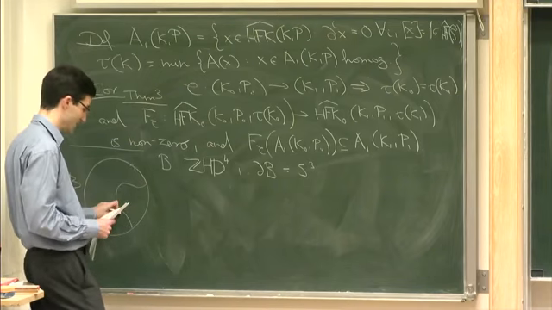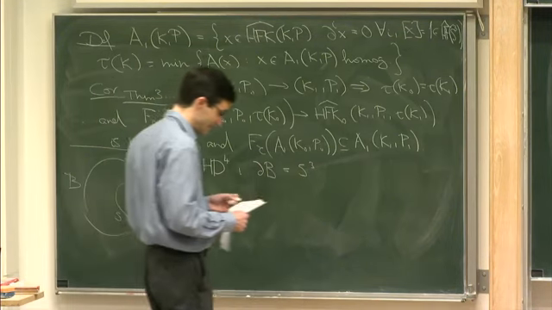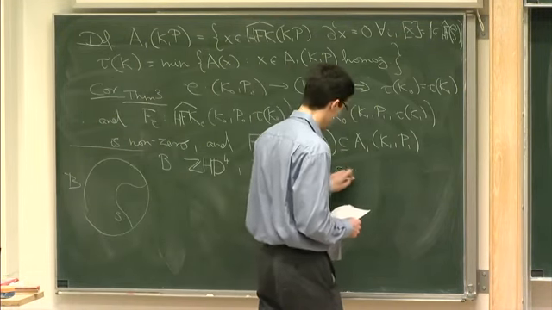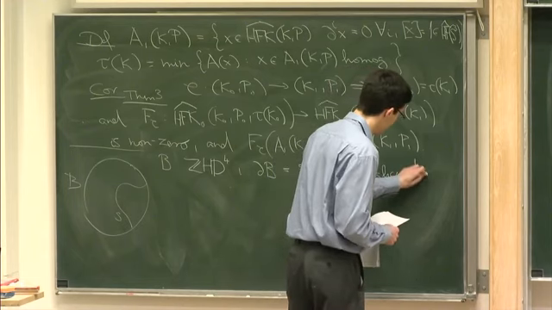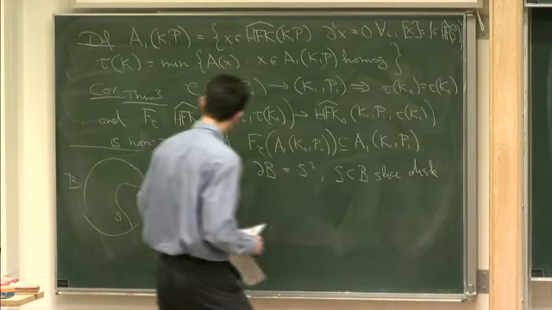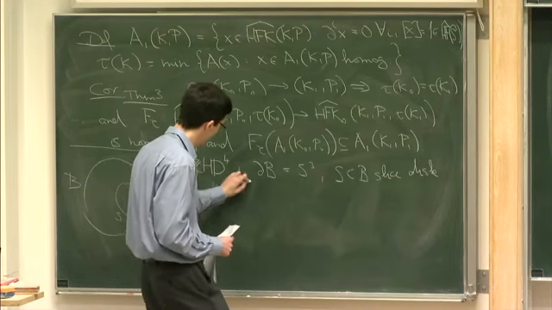I call it S. So S in B is a slice disk with boundary some knot K in S3.